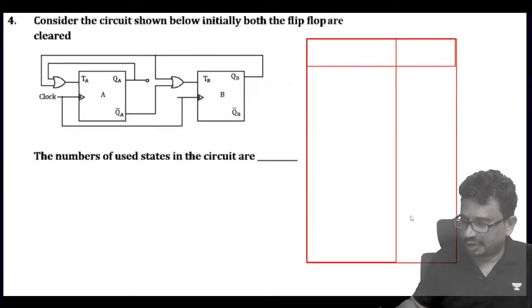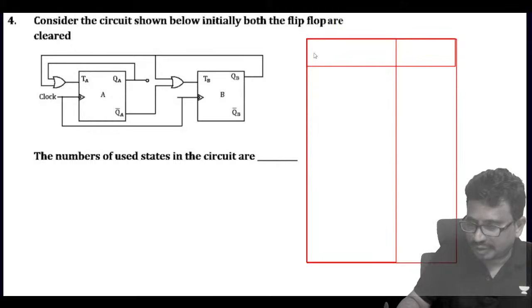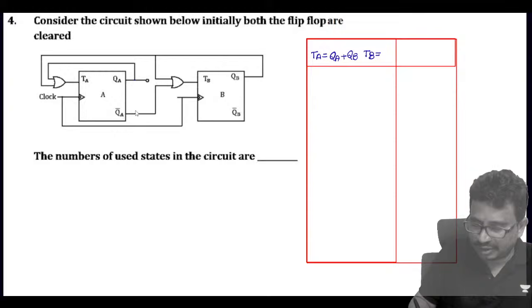Yeah, you tell me now, here are the flip-flop inputs. We have TA. TA is connected to what, you tell me now? TA is connected to QA, QB. That is QA plus QB. Next, TB is connected. What about TB now here? QA bar QB.